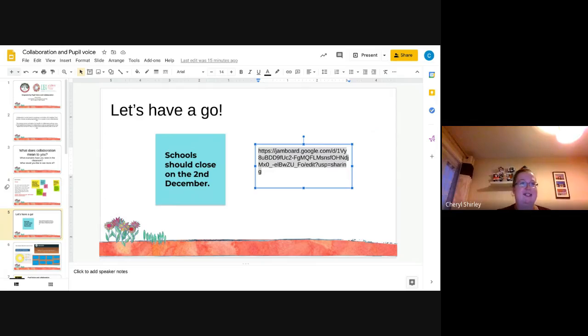And then the idea is, obviously, it's supposed to be silent, but you put your opinion, and then we can all bounce off one another's ideas. We just use the post-it note, which is the 4th one down if you're not sure.